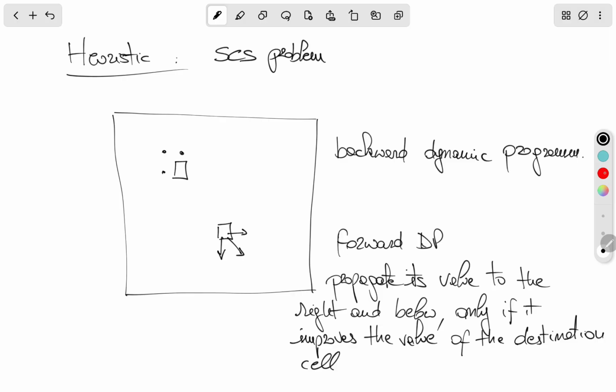So this means that this propagation happens only if that propagation actually improves the value that is currently stored in the red cell.